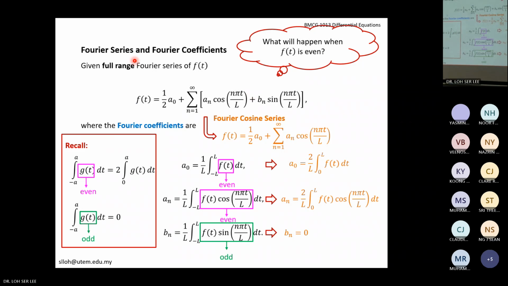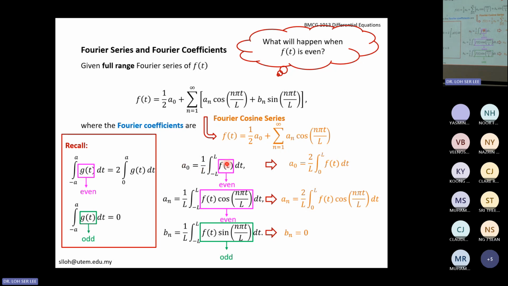Now, what will happen when your f(t) is even? The one in black is the formula for the full range Fourier series. Now we want to look at what happens when your f(t) is even. We start from A0.